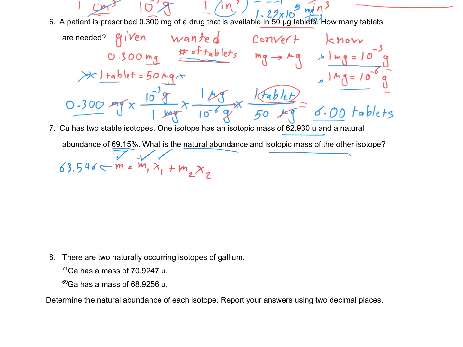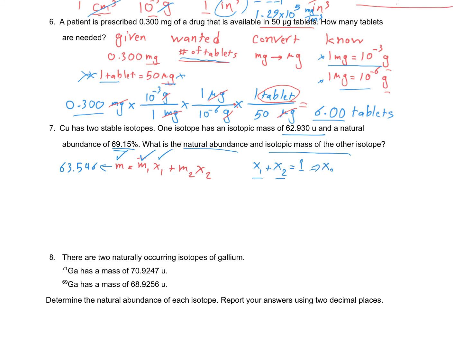Okay, so we have this, but still we have two unknowns, and we cannot solve one equation with two unknowns. So if you only have two isotopes, the sum of x1 plus x2, the sum of natural abundance is always equal 1. Okay, that's another formula we can use. So we know x1, we can find x2.